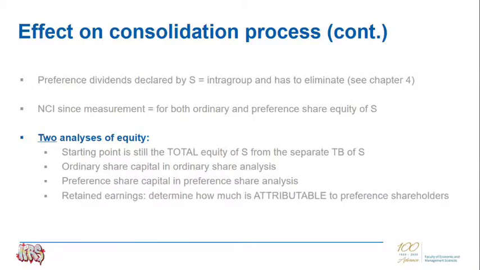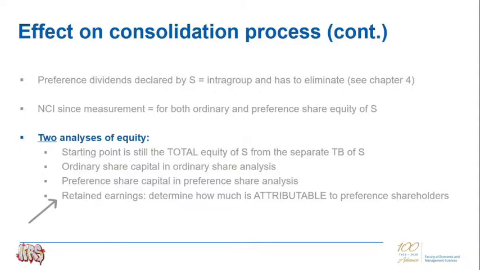But something like retained earnings, it's still only one amount, one TB opening balance for retained earnings, one profit for the year, all being part of the movement in the equity of S. And now that one retained earnings amount needs to be attributed to both the ordinary shares and the preference shares.